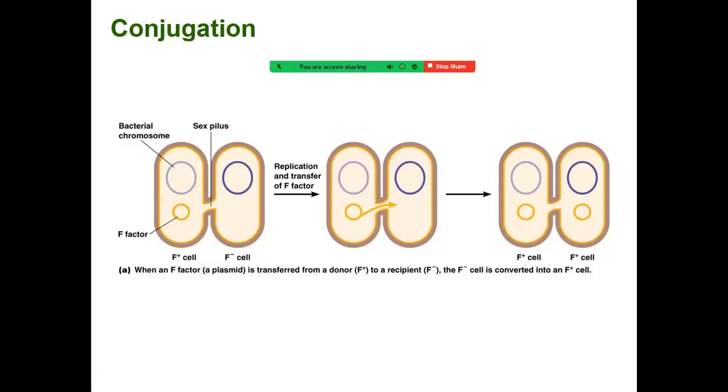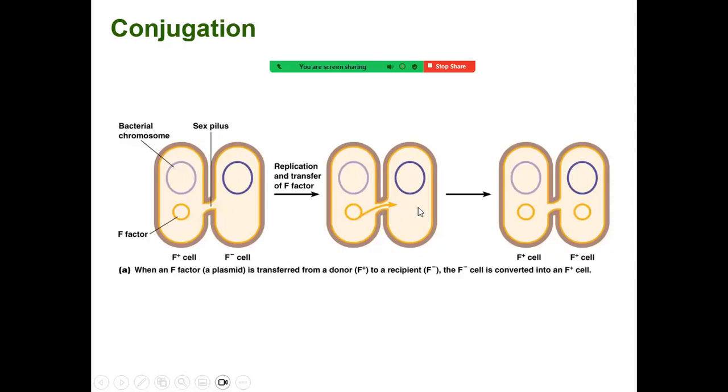And then this plasmid replicates independently of the chromosome. And then one copy of the plasmid moves into the other cell. This cell we call F minus because it doesn't have the F plasmid, doesn't have the sex pilus, which is coded for by the F plasmid.